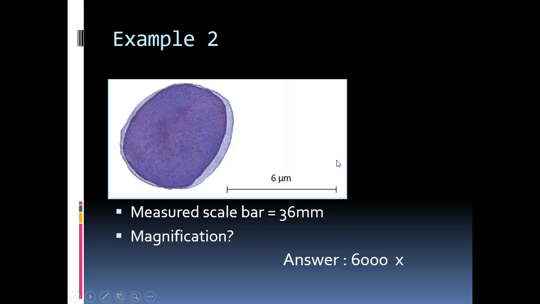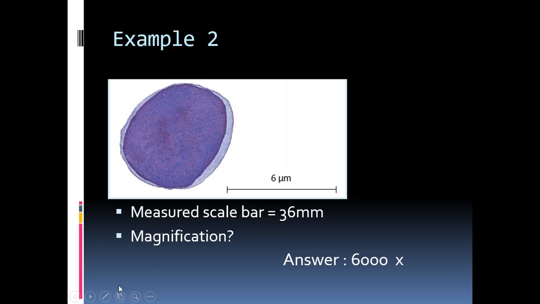So this is the same as the previous one. Formula of magnification is the size of image divided by the actual size of the specimen. And in this case, the size of image is 36 millimeter, and the actual size of the image is 6 micrometers. So convert 36 millimeters to micrometer first.